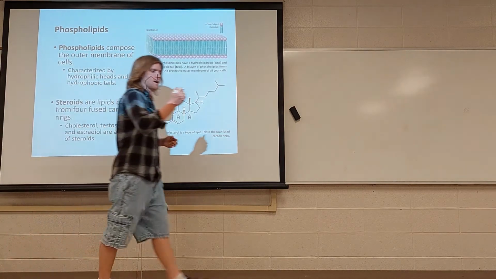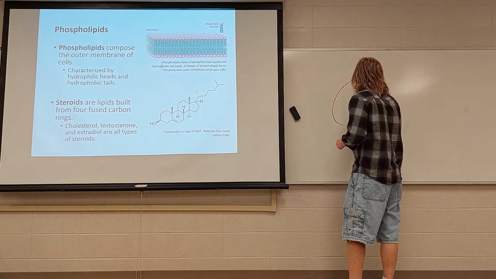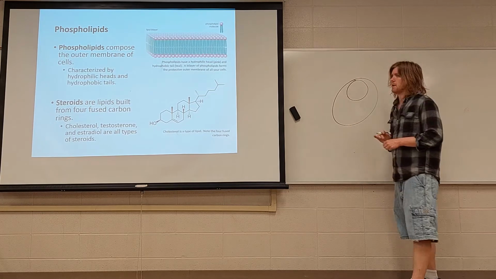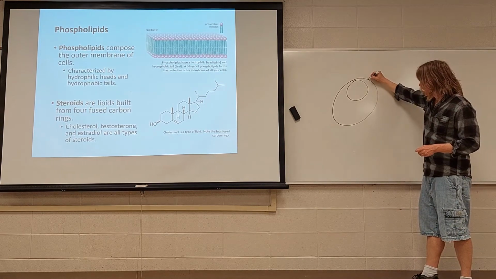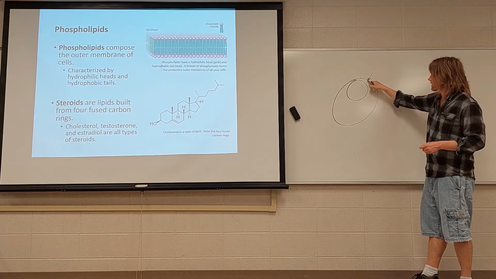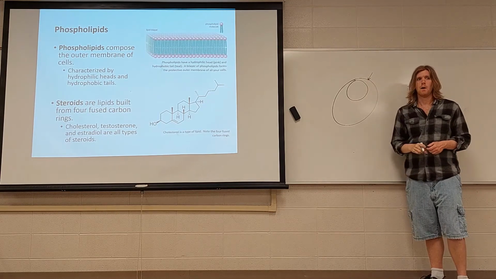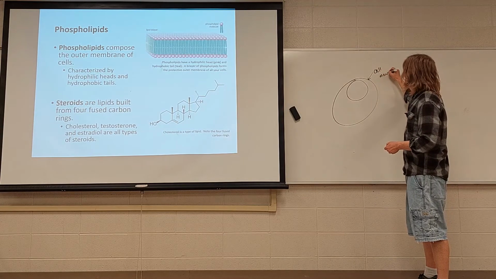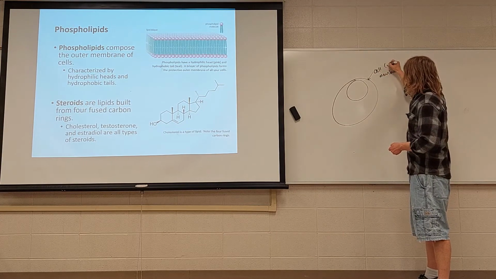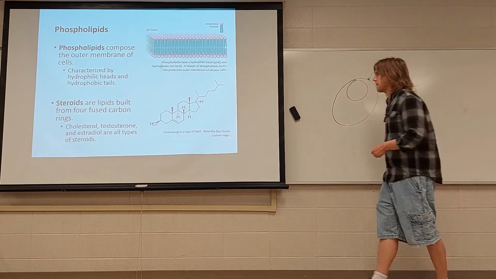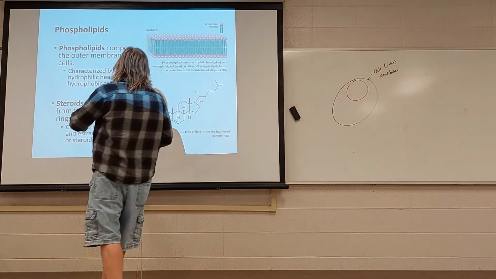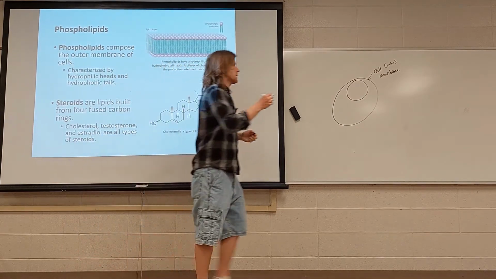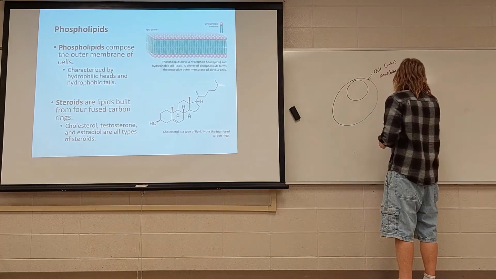So if you look at a cell here, you've got the nucleus and whatever else you'll have in here. That barrier that signifies the outer edge of the cell, that is your cell membrane, aka the outer membrane. That is built from these. So a phospholipid has two parts.